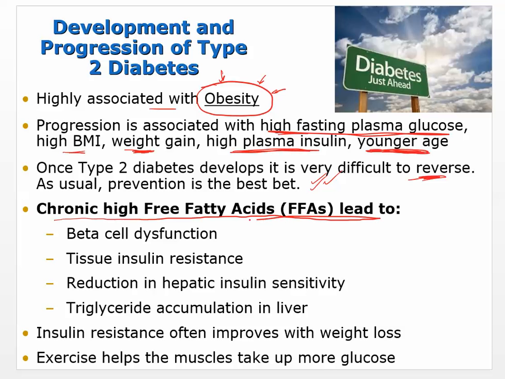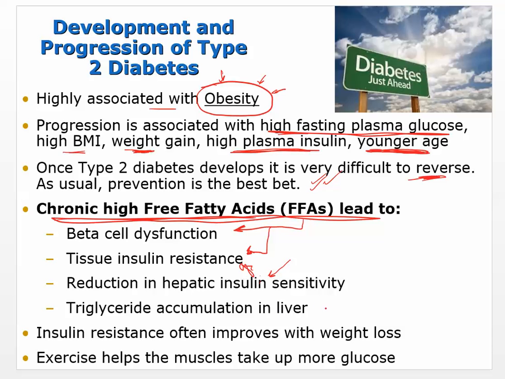This is one of these phenomena we see with diabetes, an increase in these free fatty acids, and the free fatty acids can lead to more beta cell dysfunction, more insulin resistance, and a reduction in hepatic insulin sensitivity, which I guess is kind of related to this.